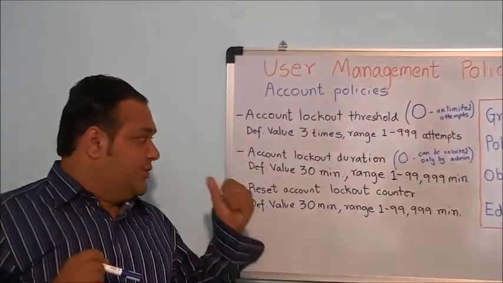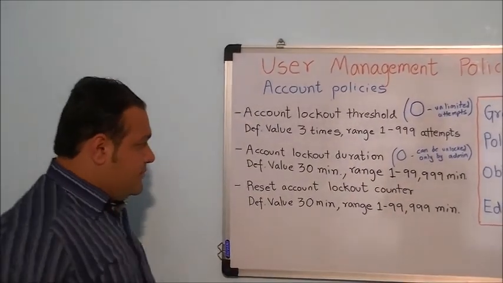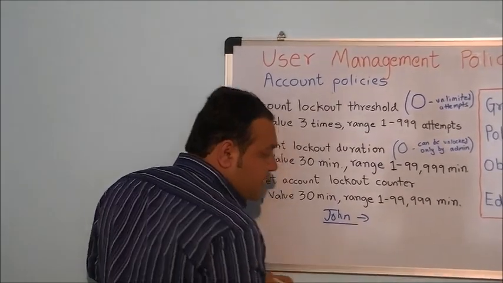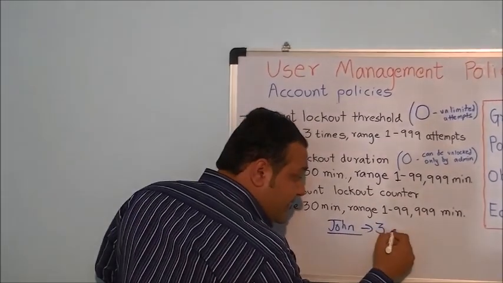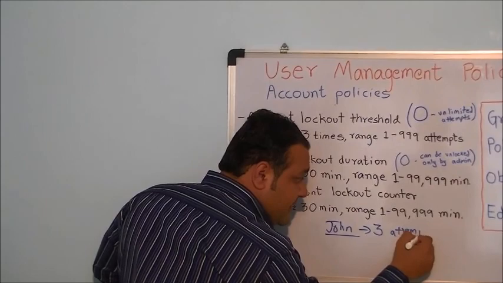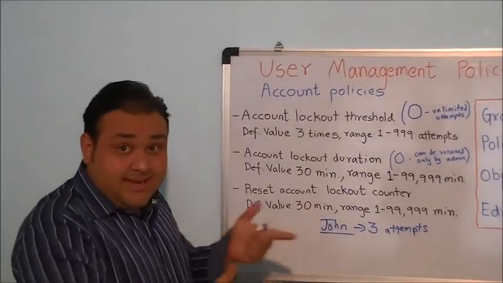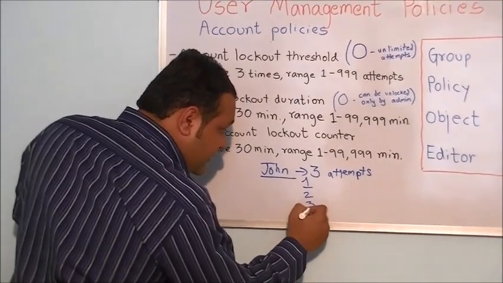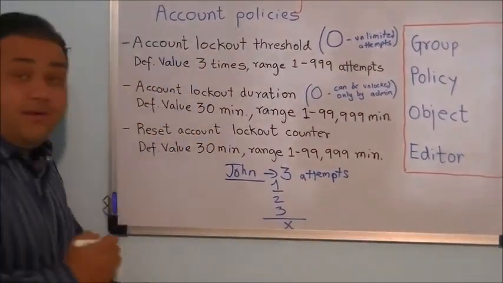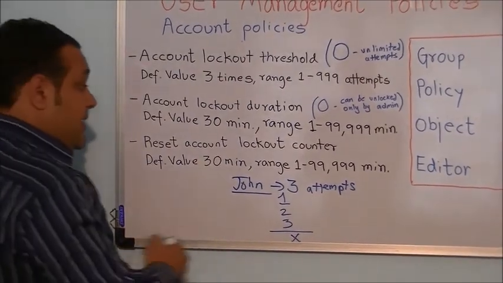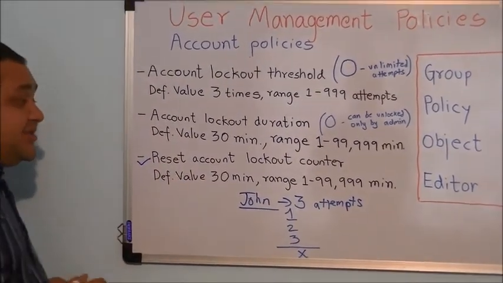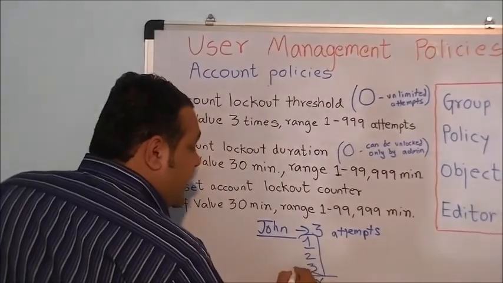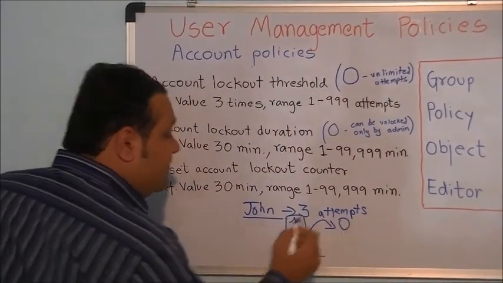Now I think I have to show you an example for this. Let's say we have John over here. John has 3 attempts, and as he uses his attempts, the counter begins. First attempt, second attempt, third attempt, and that's it. Now he will get an error. But this time duration shows after what time period this countdown will get back to 0.